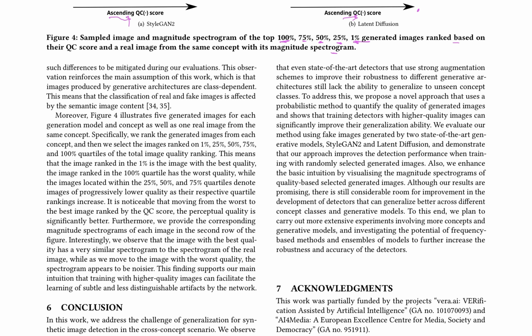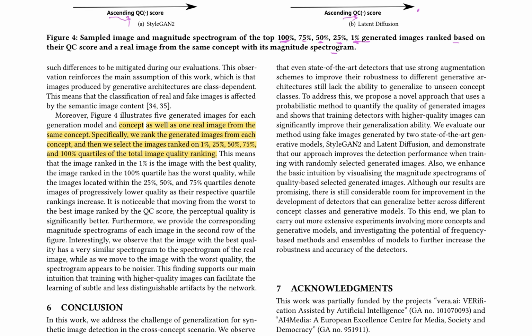What does it say? So moreover, figure 4 illustrates the 5 generated images for each generation model and concepts, as well as one real image from the same concept. Specifically, if we rank the generated images from each concept and then select the images ranked on 1, 25, 50, 75, and 100% quartile of the total image quality ranking.